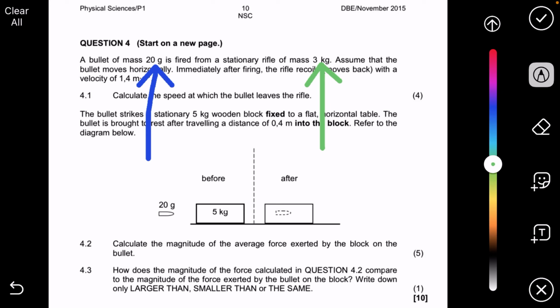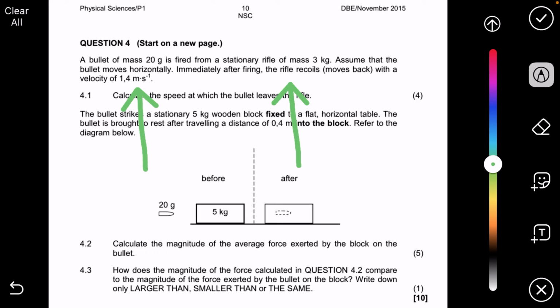Immediately after firing, the rifle recoils. I'm not sure if you are able to see where I'm reading, ladies and gentlemen. Immediately after firing, the rifle recoils, which means it moves back with a velocity of 1.4 meters per second.